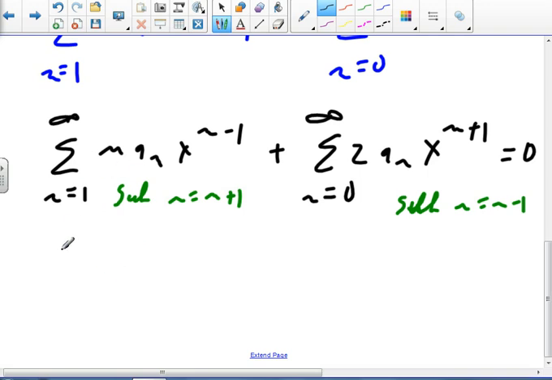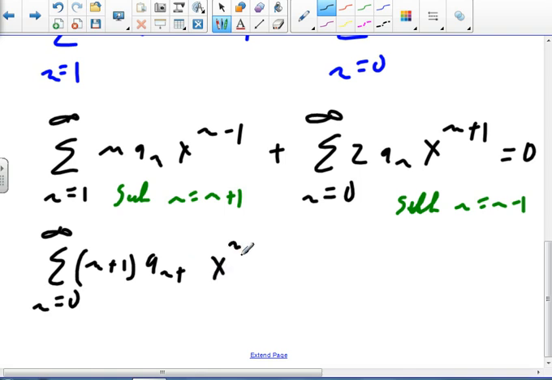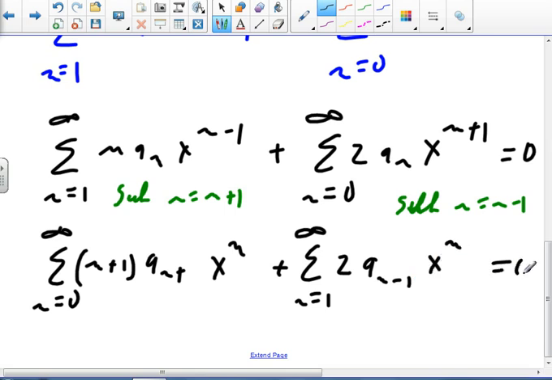And we're going to get summation n equals 0 to infinity of (n plus 1) a(n plus 1) x to the n, plus summation n equals 1 to infinity of 2 a(n minus 1) x to the n is equal to 0.